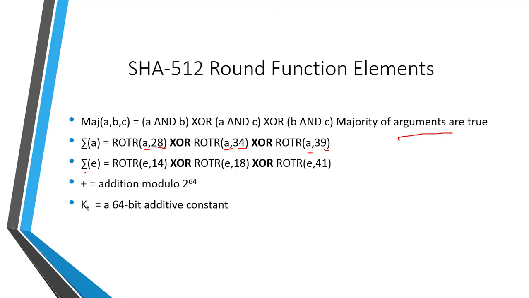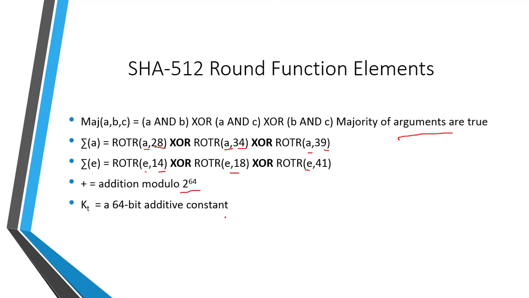In the same way, summation of E equals the circular right shift of E by 14 bits, the circular right shift of E by 18 bits, and the circular right shift of E by 41 bits. Here plus is the additive modulo 2^64 operation. It is not an exclusive OR operation, and Kt is the 64-bit additive constant.